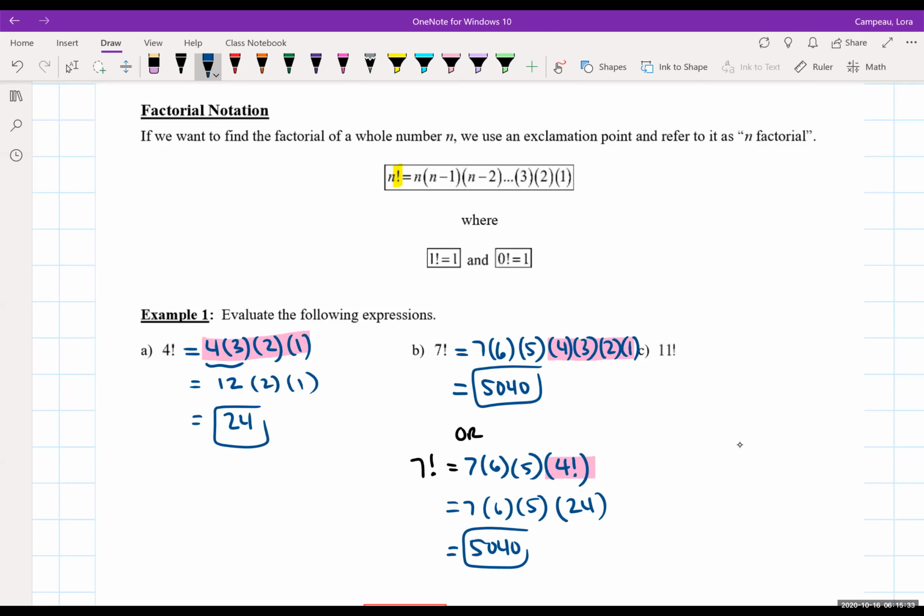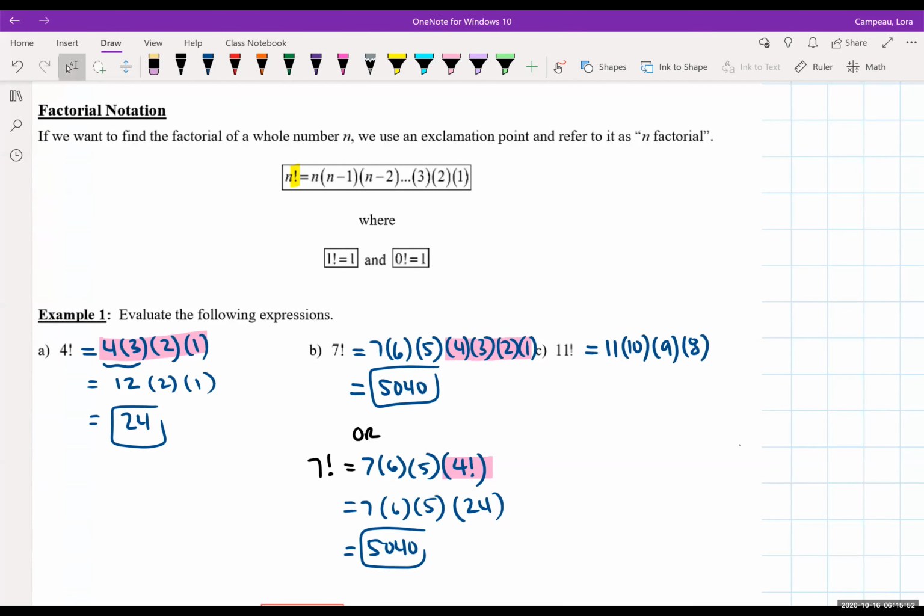So let's take this approach with 11 factorial. If we're going to look at this one, 11 factorial, we could start off by saying 11 times 10 times 9 times 8, and I'd say times 7 times 6 times 5 times 4 times 3 times 2 times 1. But that, my friends, is really 7 factorial.